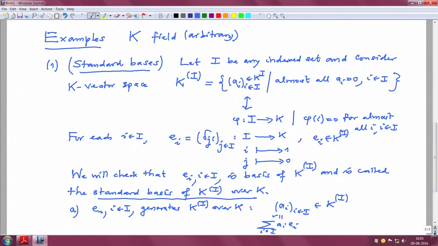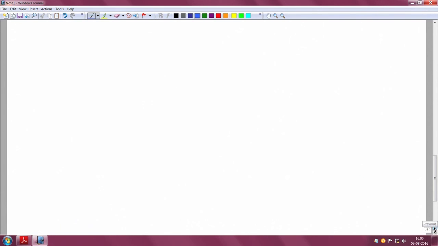Now, the second thing we have to check is that they are linearly independent. So, this is B. We have to check that the family e_i, i in I, is linearly independent over k.